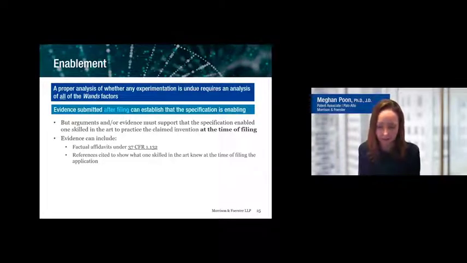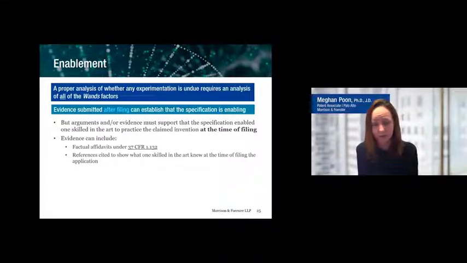So when you're thinking in terms of your IP strategy, should I file now? Should I wait for the data? While in the US, you can present that post-filing data, in many countries you cannot. So it's a major risk. You can present this in a couple forms. One is an affidavit. This is basically a declaration by the inventor that can provide that kind of post-filing data.